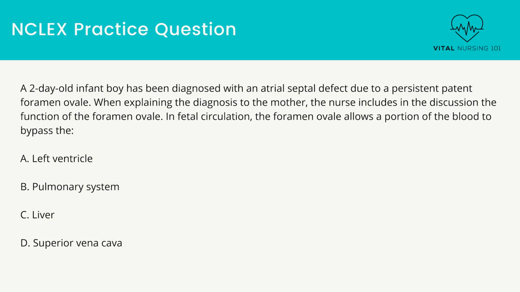A 2-day-old infant boy has been diagnosed with an atrial septal defect due to a persistent patent foramen ovale. When explaining the diagnosis to the mother, the nurse includes in the discussion the function of the foramen ovale. In fetal circulation, the foramen ovale allows a portion of the blood to bypass the left ventricle, pulmonary system, liver, superior vena cava.